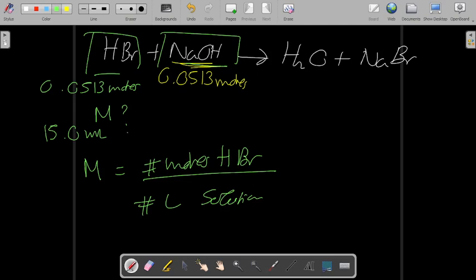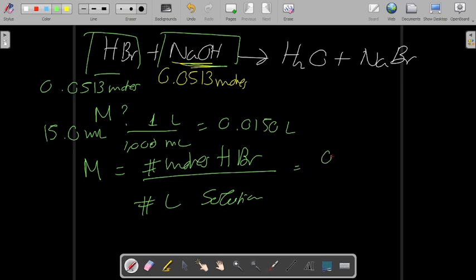So I need to change that. Milliliters to liters. 1,000 to 1. So if I do that, I find out that I have 0.0150 liters. And now I have everything I need.